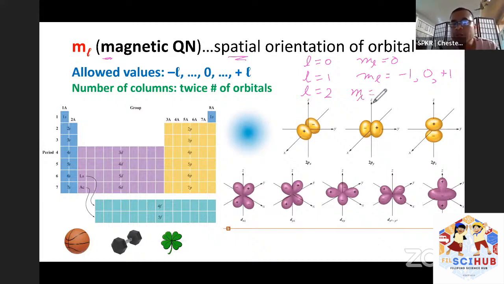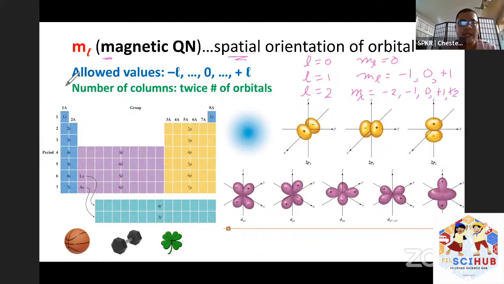So it's going to be negative 2, negative 1, 0, plus 1, and plus 2. Okay, meron kang 5. So again, L equals 0, iisa lamang yung M sub L value mo. L equals 1, you have 3 M sub L values. L equals 2, you have 5 M sub L values.